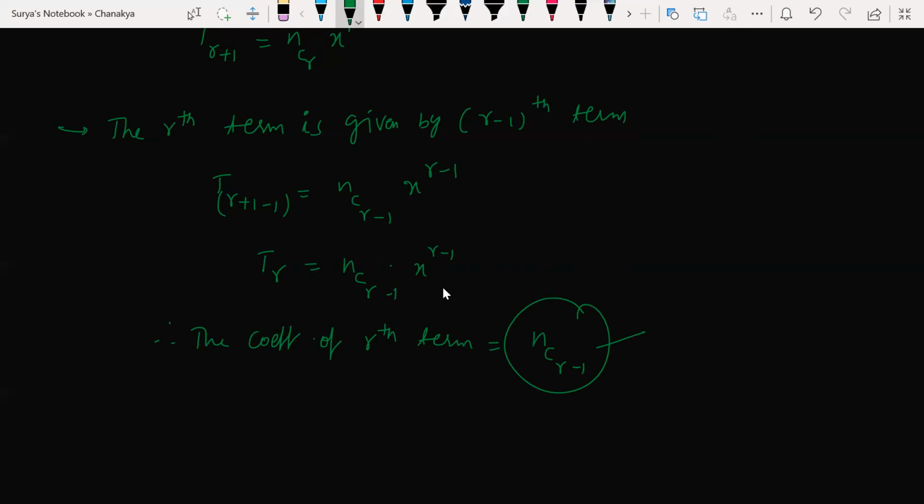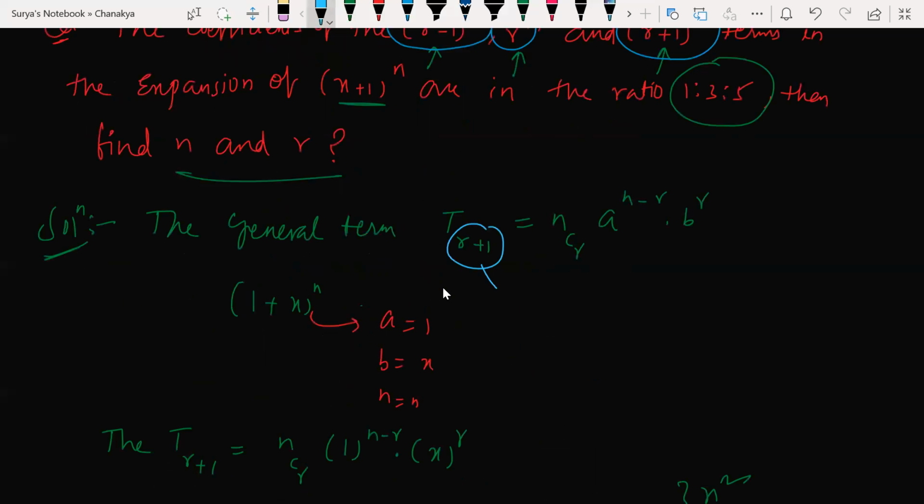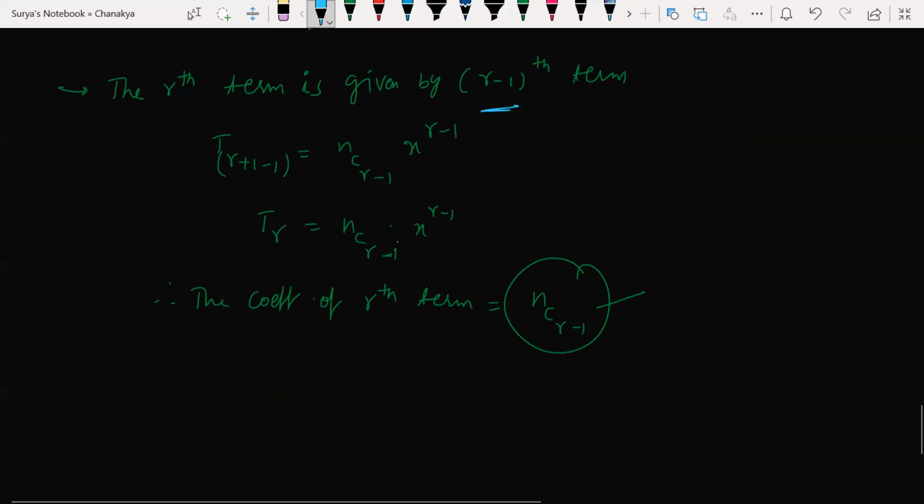Now look at this here. What do you understand here? For the (r+1)th term, I took r. Understood? For the rth term, I'll be taking r minus 1. Understood my point? For the rth term, I have taken r minus 1.